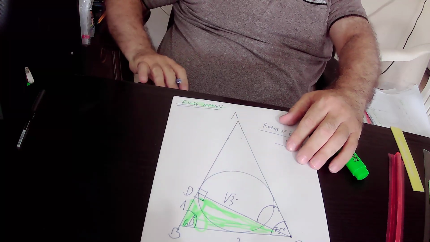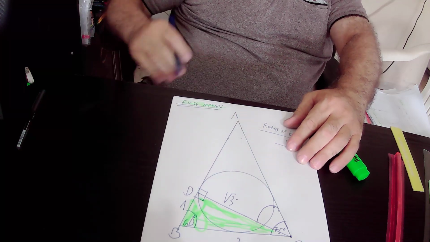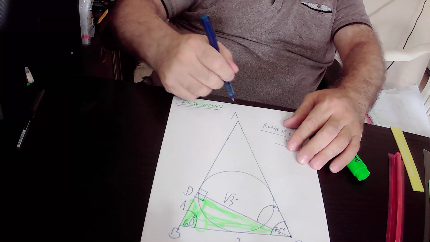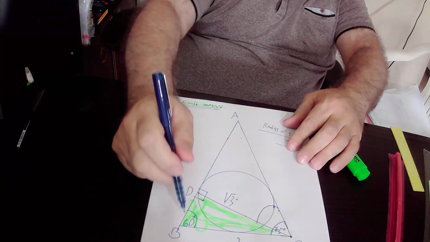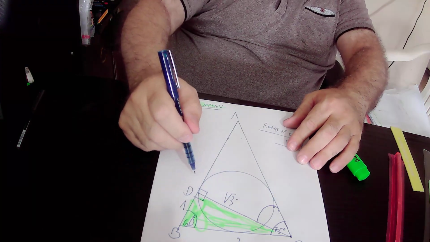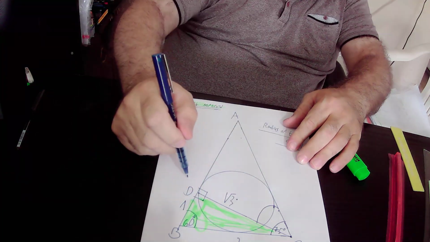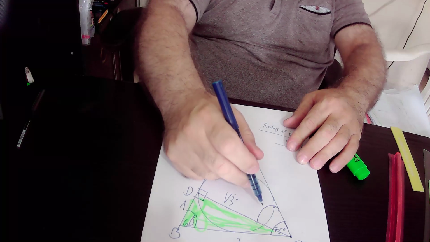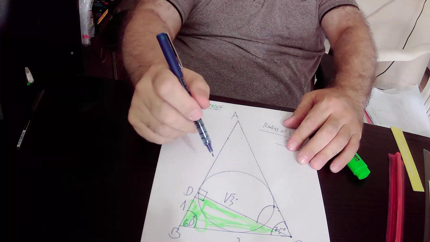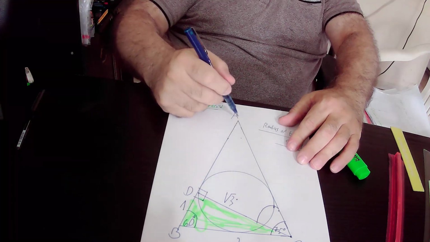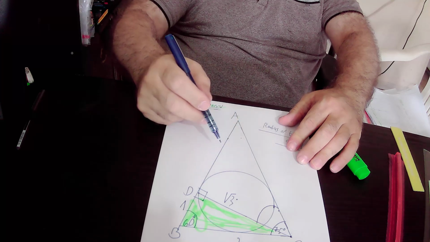The size of angle ACD is equal to angle ACB minus angle DCB. Again, angle ACB minus angle DCB will give us the size of angle ACD. Angle ACB equals 75 degrees.